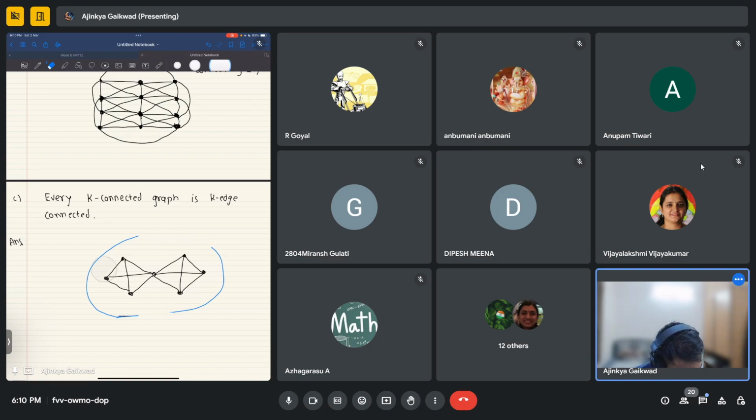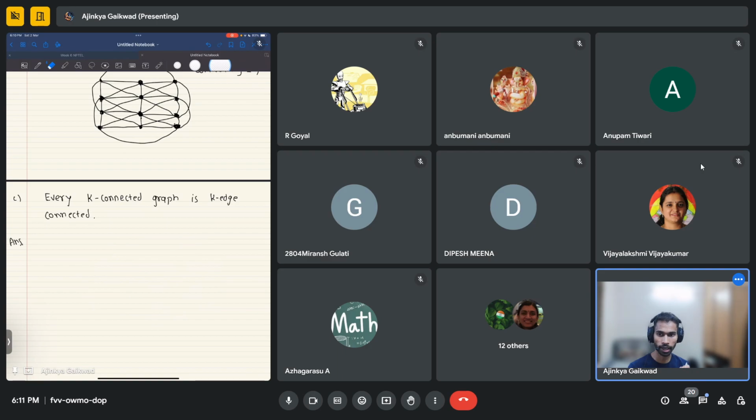I'll prove it. See, the intuition here is, what is a K connected graph? If I remove K minus 1 or fewer vertices, the graph remains connected. If I have such a graph G, and if I remove K minus 1 edges, can the graph become disconnected?